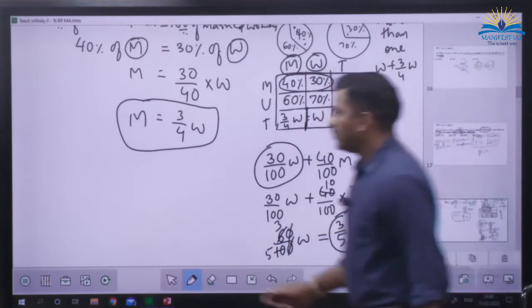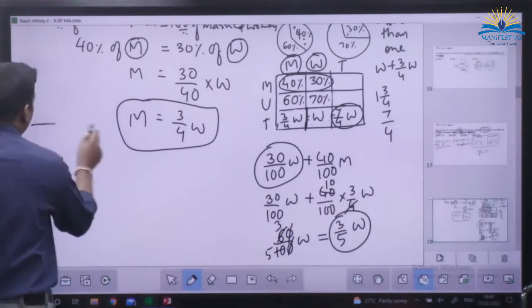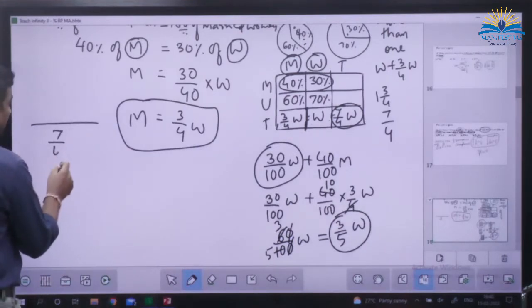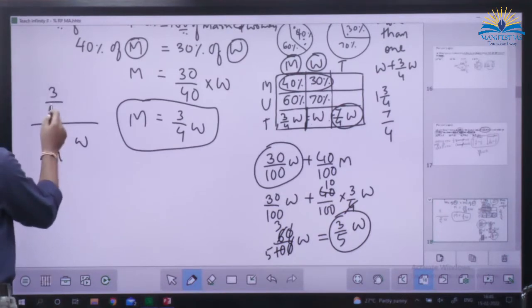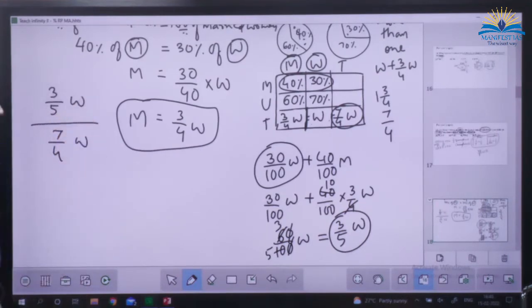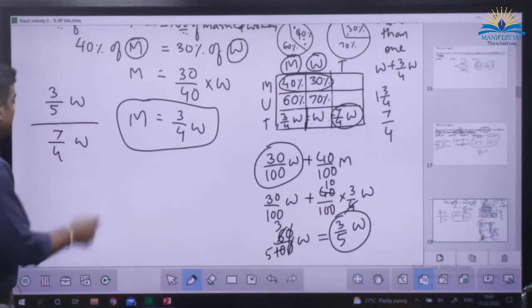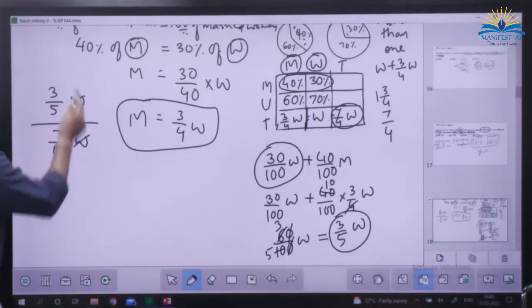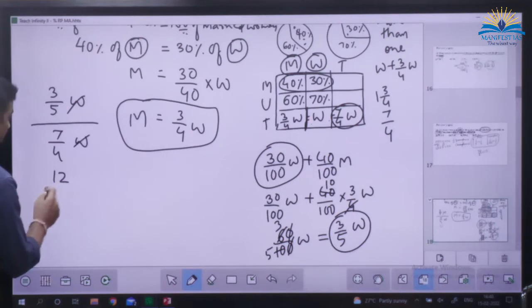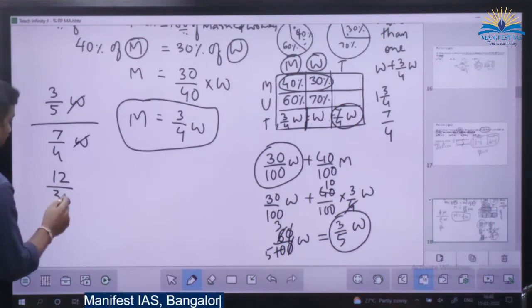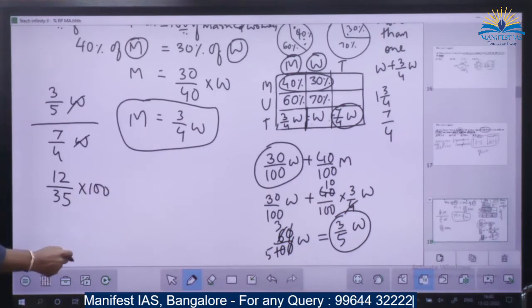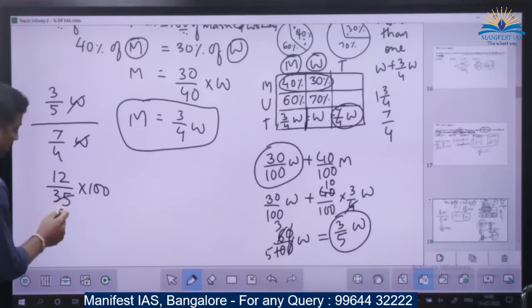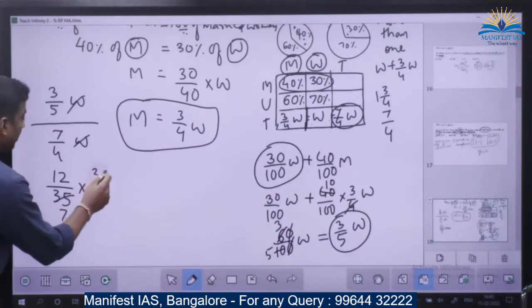Now they are asking, out of the total population, that is 7 by 4W, what is the percentage of married adults? WW get cancelled, 4 will go to the top. Answer is 12 by 35. This is fraction, but if you want to get it in terms of percentage, this is 1200 by 35. Or 5 sevens up and 5 20s up.